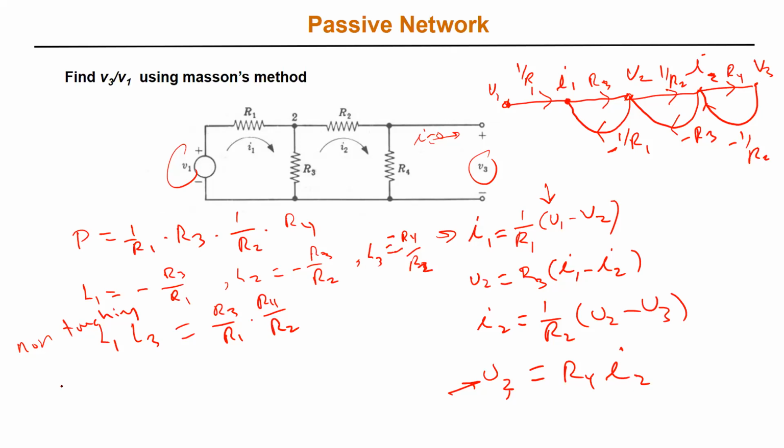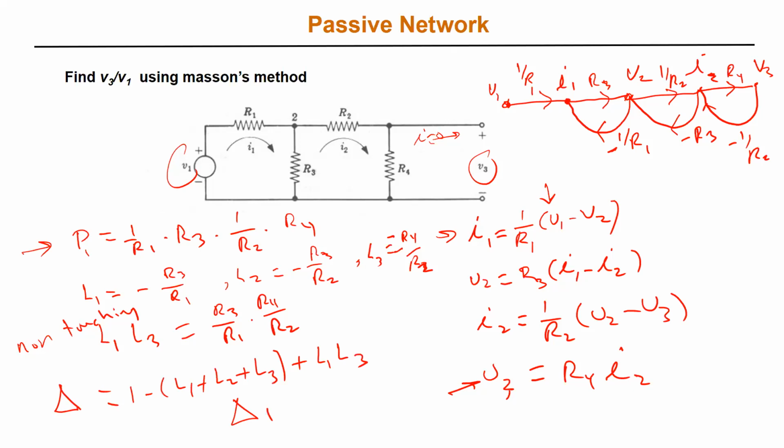Now I need delta. What's delta equal to? 1 minus the summation of single loops, plus the summation of the two non-touching loops. Great, thank you. How about the cofactor delta 1 of the path?